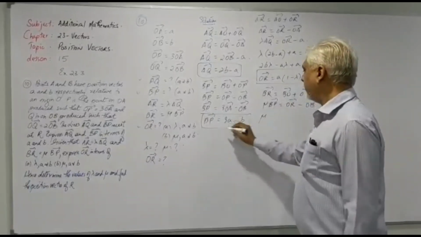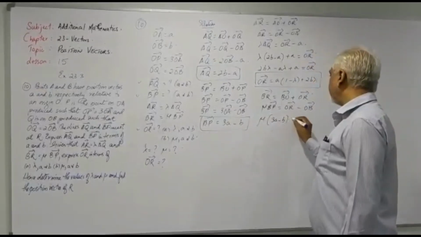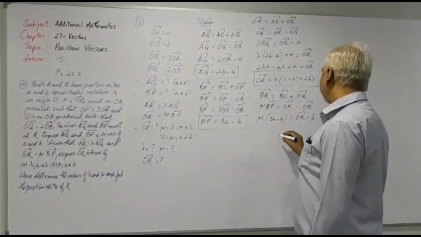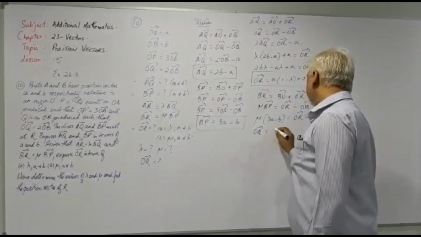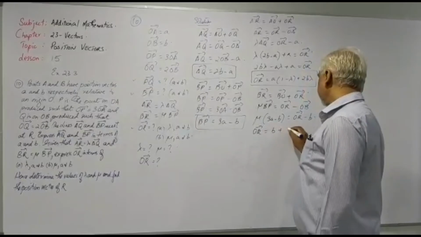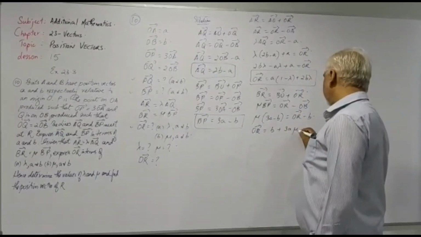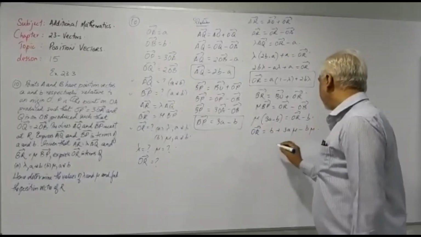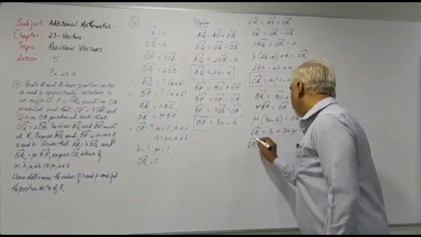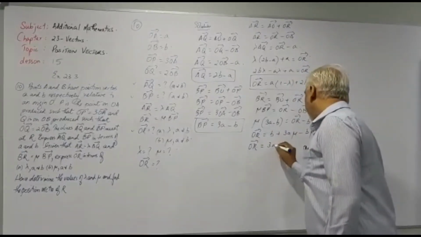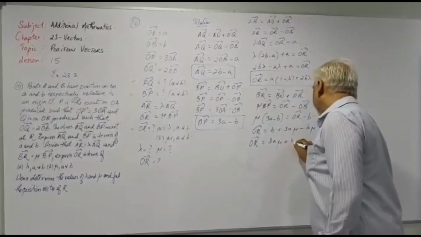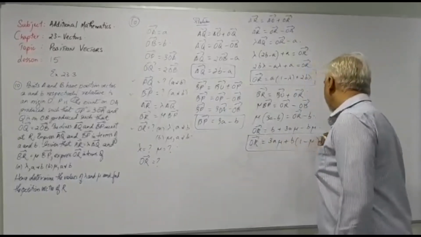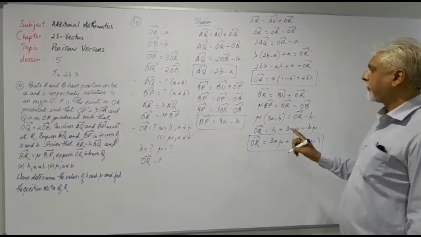Mu BP we know is equal to mu times 3A minus B, equal to OR minus B. Bring minus B to one side, so I'll get OR is equal to B plus 3A mu minus B mu by expanding it. So OR is equal to 3 mu A plus, taking B common, 1 minus mu B. Hence I got the value of OR in terms of mu, A and B.